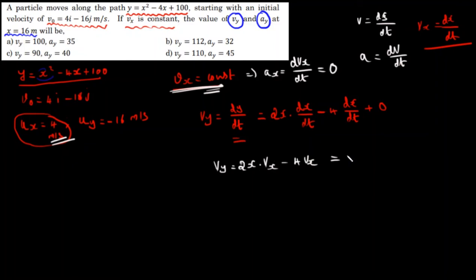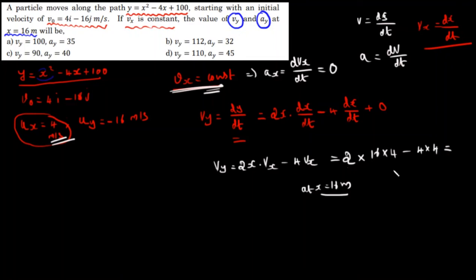So if I substitute it here, at what distance do I need to find out? I need to find out at x is equal to 16 meters. So 2 into 16, the displacement, into the vx value, which was 4, minus 4 into 4.